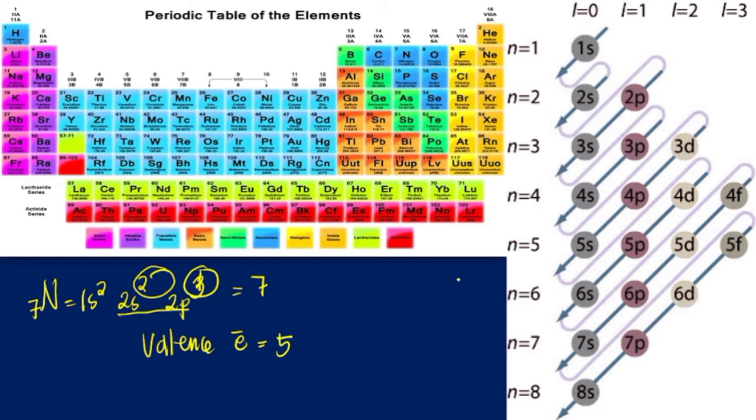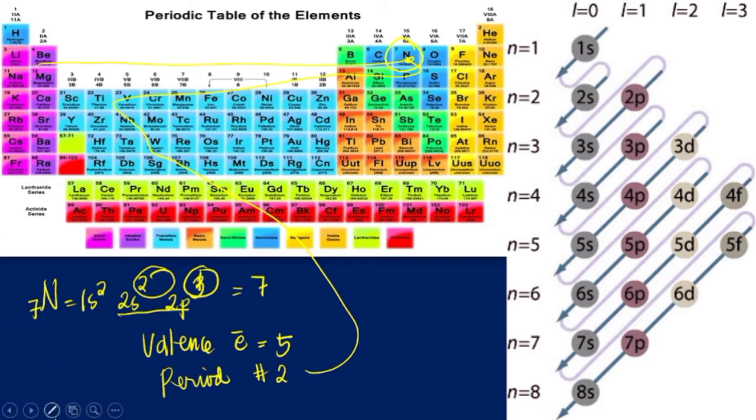That is the reason why nitrogen belongs to its group, and it belongs also to period number 2, as evident in here. So that is how to get the valence electrons of elements.